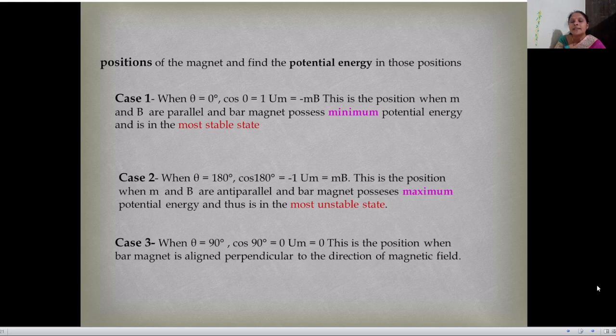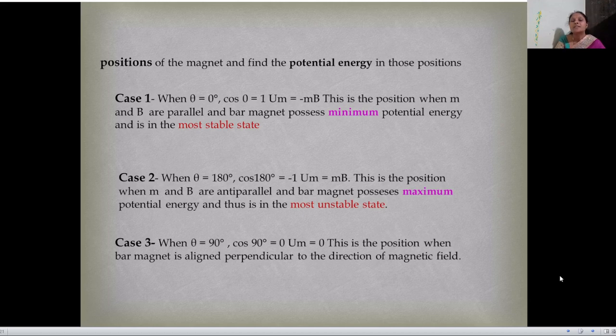Second case: θ is 180 degrees, cos θ is minus 1, and potential energy is plus mB. This is the position when m and B are anti-parallel, and the bar magnet possesses maximum potential energy and thus is in the most unstable state.